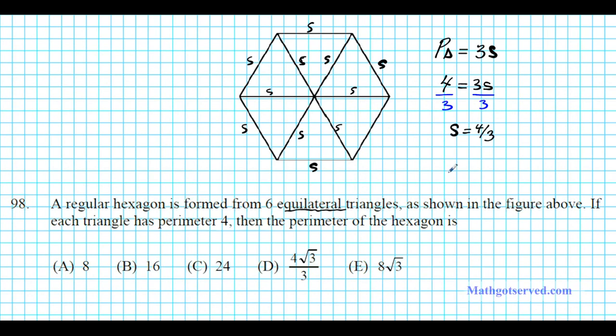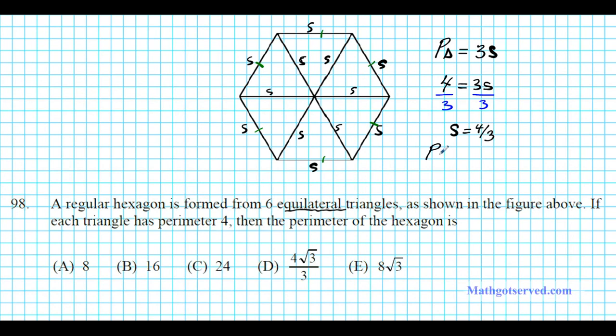All right? The problem says, what is the perimeter of the hexagon? Now, if you have one side length, how many sides does a hexagon have? 1, 2, 3, 4, 5, 6. So we're looking for the sum of these distances right here. The sum of the side lengths is the perimeter. Let's write down the formula for the perimeter of a hexagon.